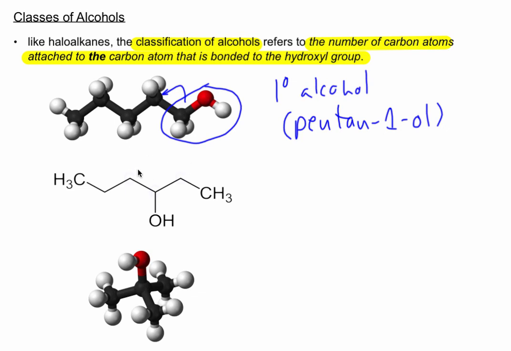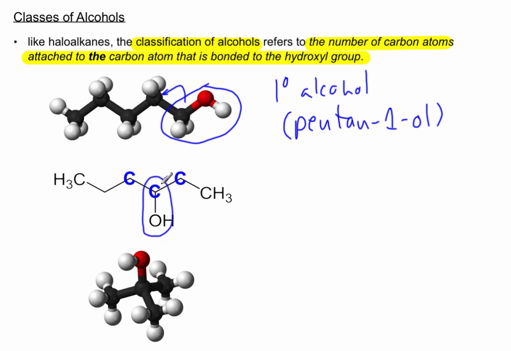Now, we also have secondary, and so this is going to be an example of a secondary. Don't forget there's carbons present in this stick diagram. They're not shown, but I'll just show them there. And once again, look for the functional group and the carbon.